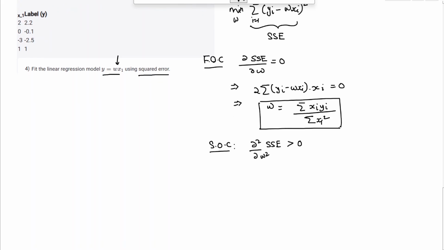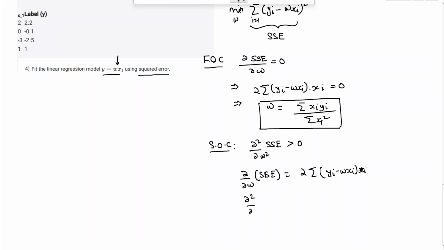So what will the double derivative be? Now if I take the derivative once, this is equal to 2 times summation of (yi minus w xi) times xi, right?